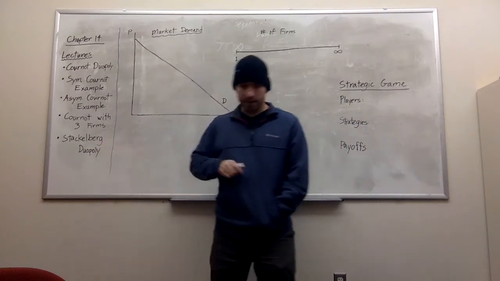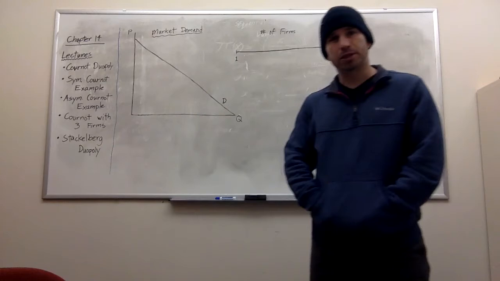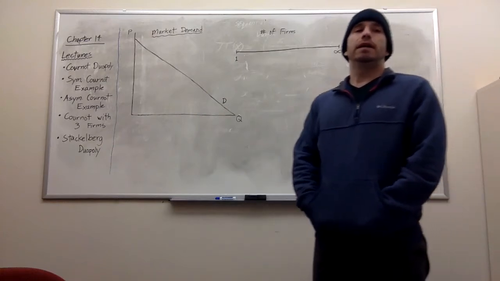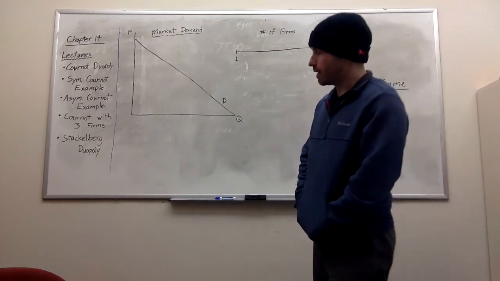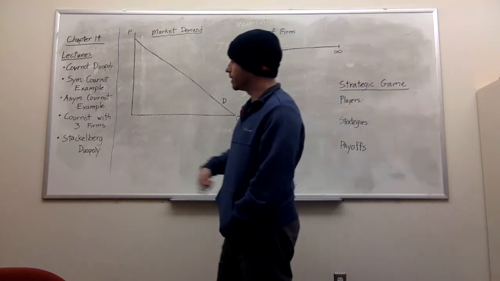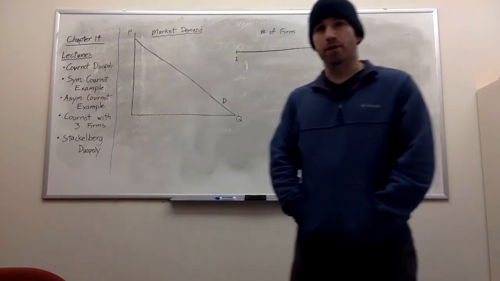And then the final part will be on Stackelberg competition, which is just an extension of the Cournot model, essentially allowing a sequential game between the firms competing with one another.